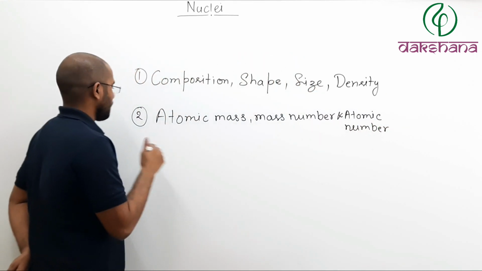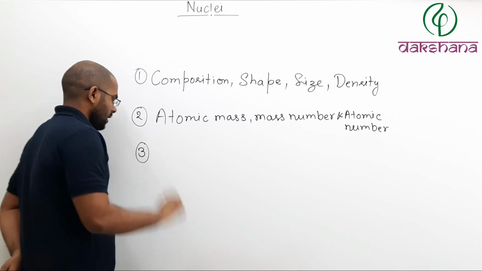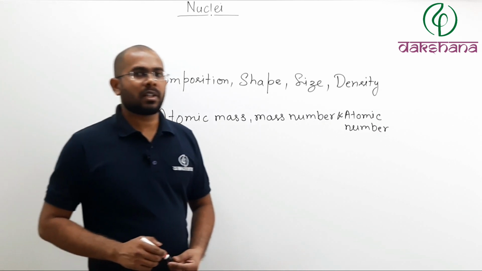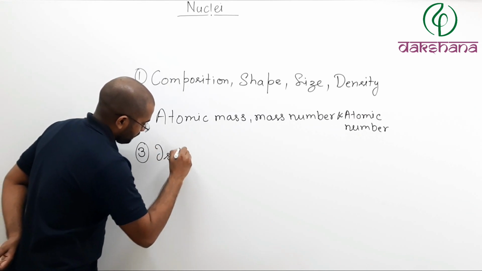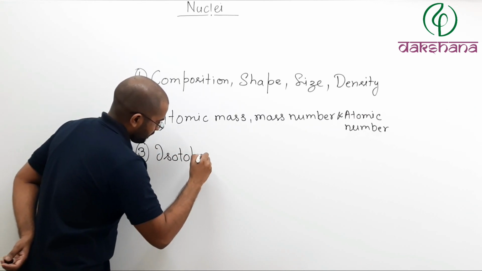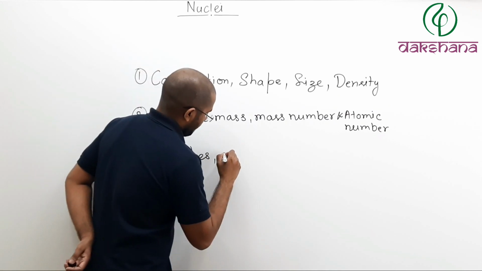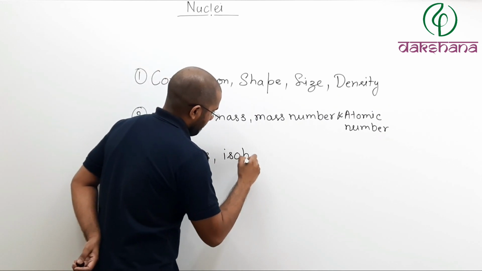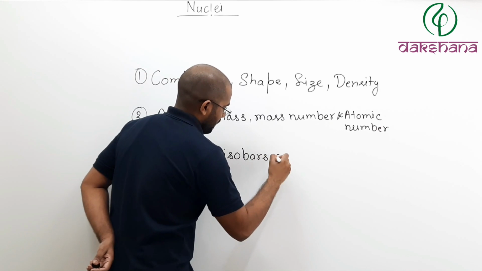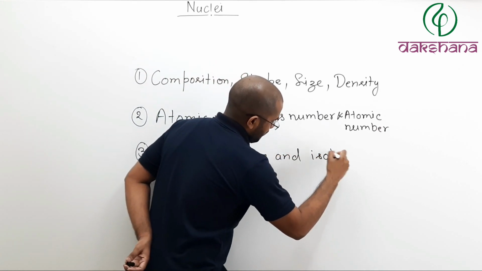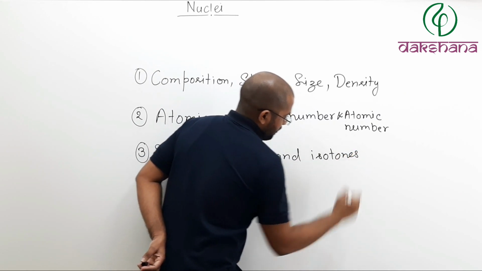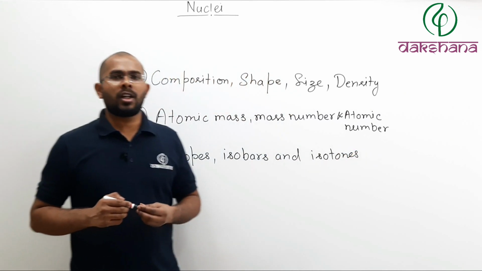These three things we will cover under the second topic. And the third topic which we will cover is isotopes, isobars and isotones. So this will be a very small lecture.